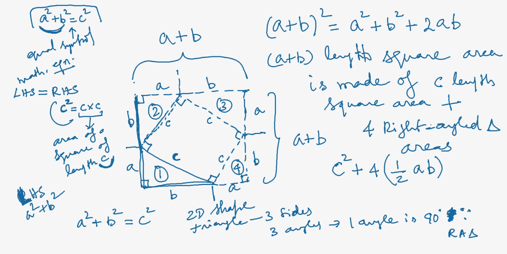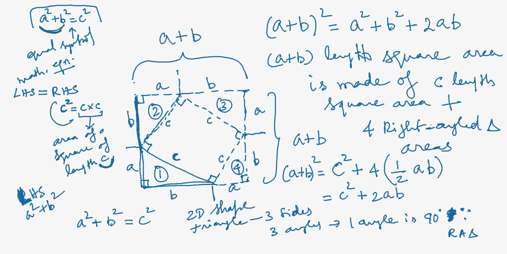So we are simply saying that this (A plus B) whole square, the bigger square area, must be equal to the smaller square with length C as the side, that is C square, plus 4 into half of AB. Then this simplifies to C square plus 2AB, right?